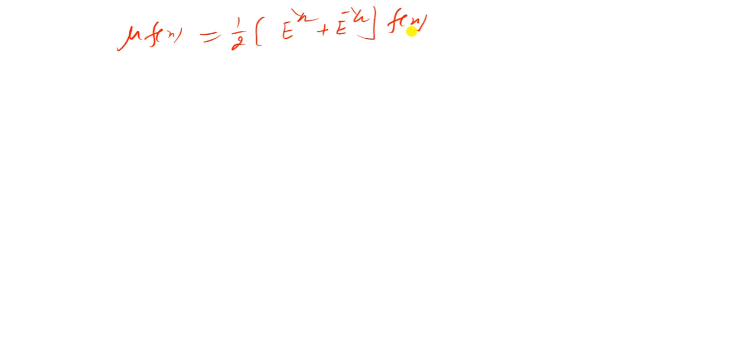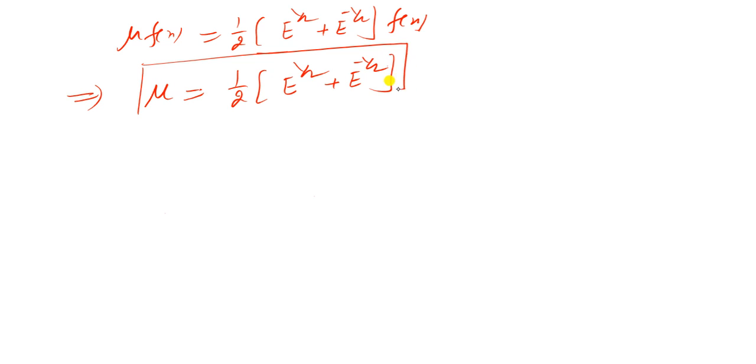So by using the right cancellation law, we obtain μ = 1/2 [E^(1/2) + E^(-1/2)]. This is a relation between the average difference operator μ and the shift operator E. So these are the relations between the different difference operators.